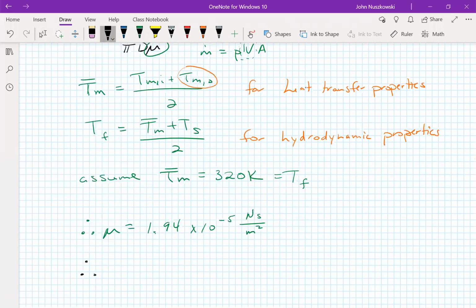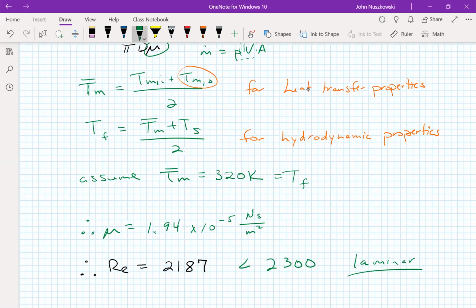Reynolds number is 2187. So what does that tell us? Laminar, okay. We're less than 2300, so we're laminar.